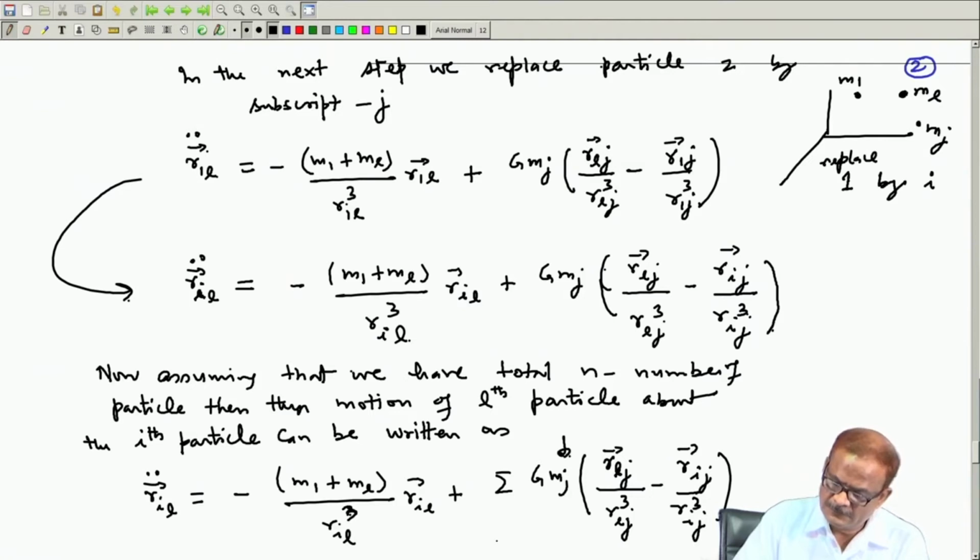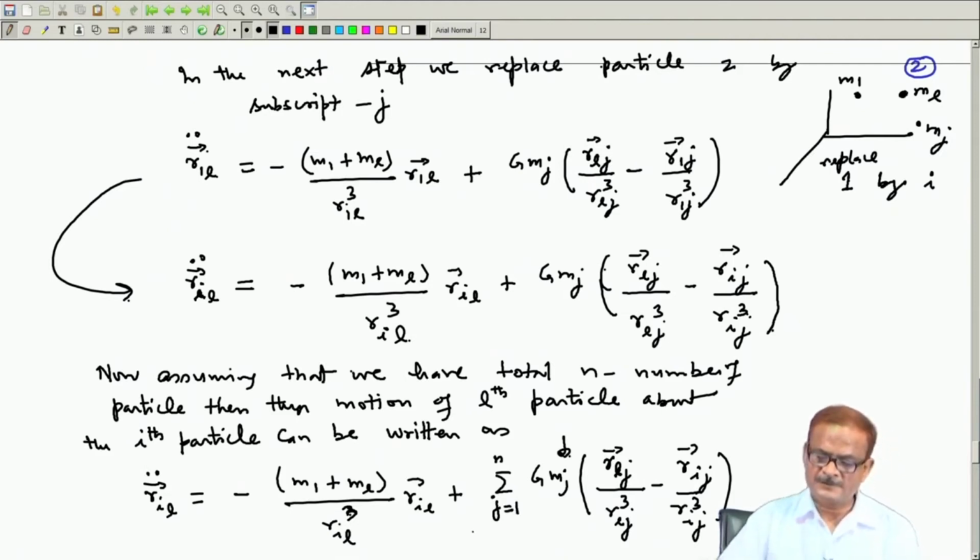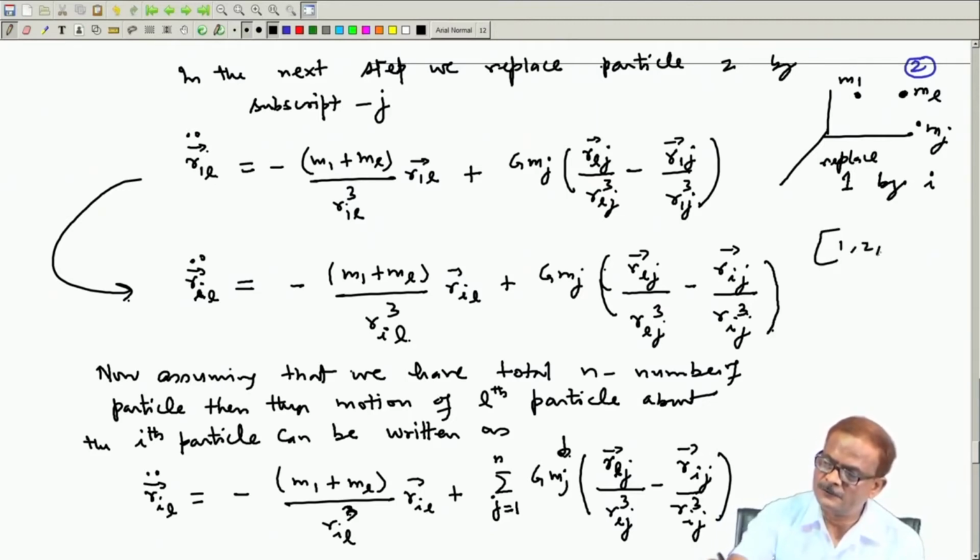Therefore, the summation will move from j equal to 1 to n, but out of 1 to n, L and I will not be counted in this summation.